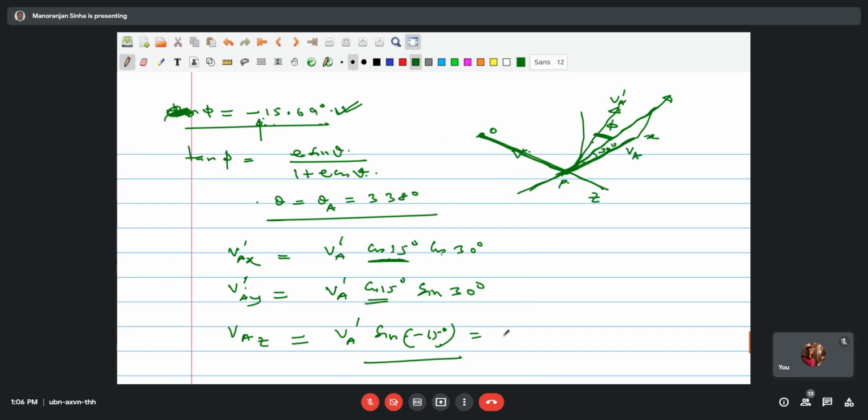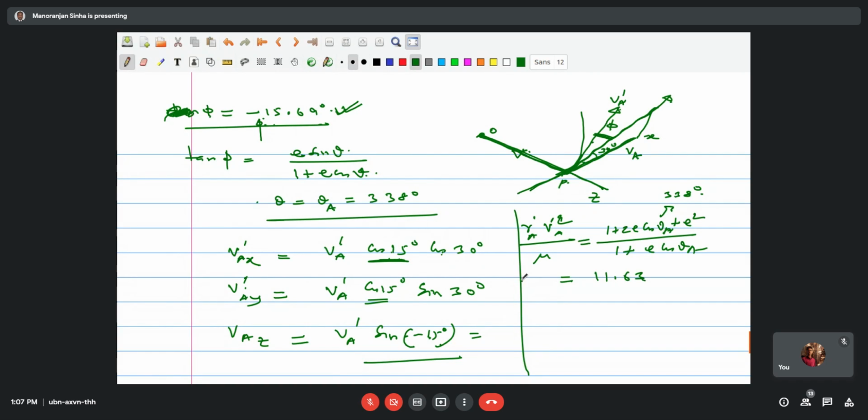VA prime can similarly be computed using RA times VA prime square divided by mu equal to 1 plus 2E cos theta A plus E square, divided by 1 plus E cos theta A. From the perigee position, this angle is given to be 338 degrees. Once we insert this value, VA turns out to be 11.63 kilometers per second.